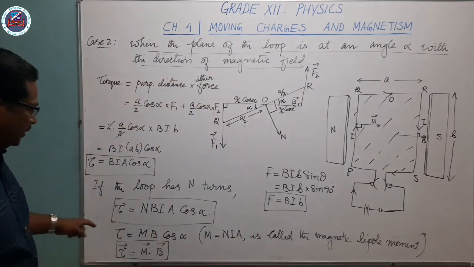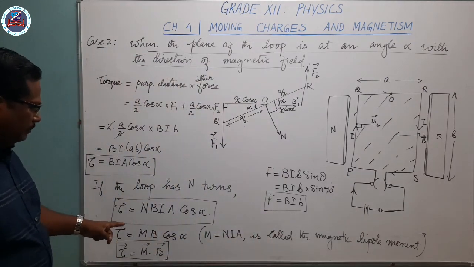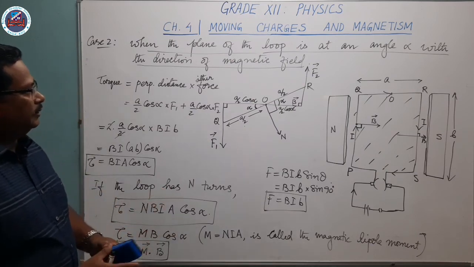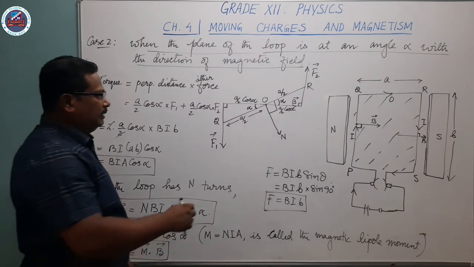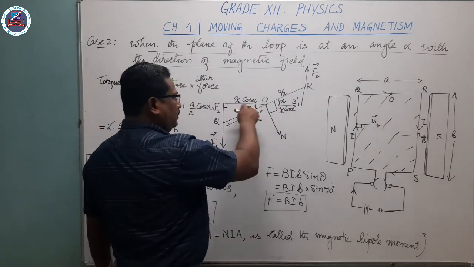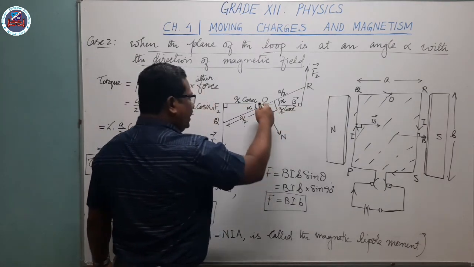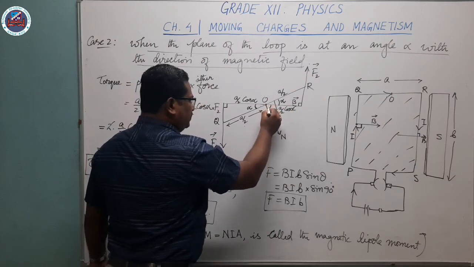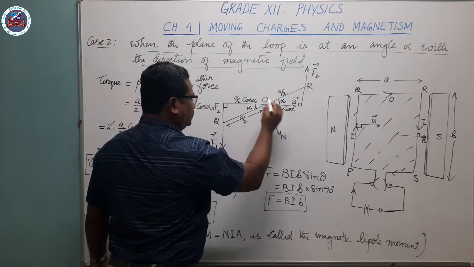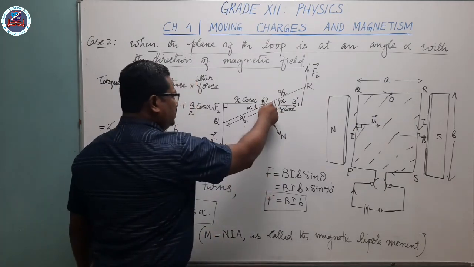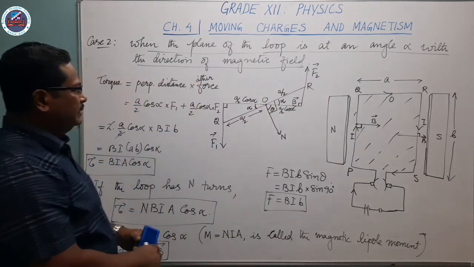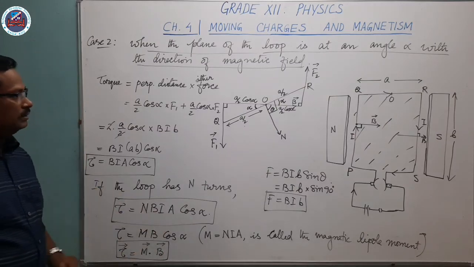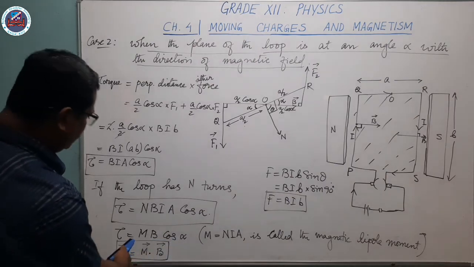Now here you need to be very careful, because sometimes you can use sine also. If in the numerical the question gives the angle between the direction of the magnetic field and the normal, and this angle is given to you as theta, then sine will come.